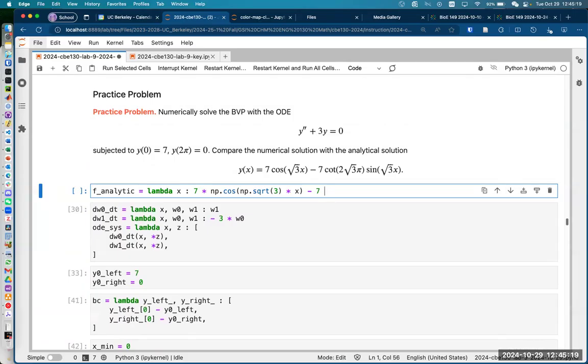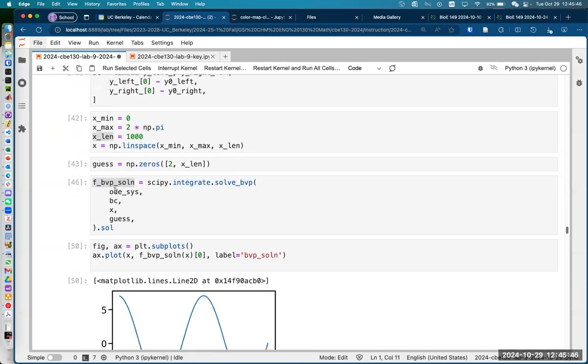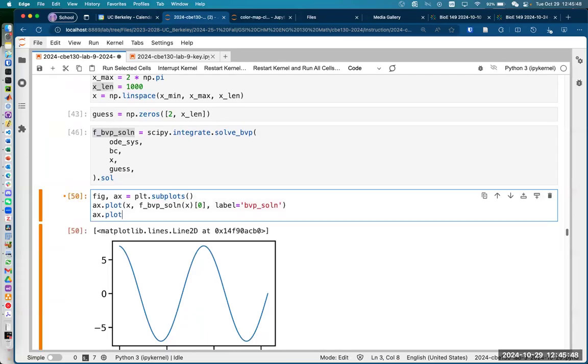Cotangent is the inverse of tangent, so we do 1 divided by tangent of 2 times square root of 3 times pi. This is a constant that we solved for yesterday. And times np.sin of square root of 3 times x. So we have our analytic function, so we can plot this analytic solution as well, and label it as analytic.